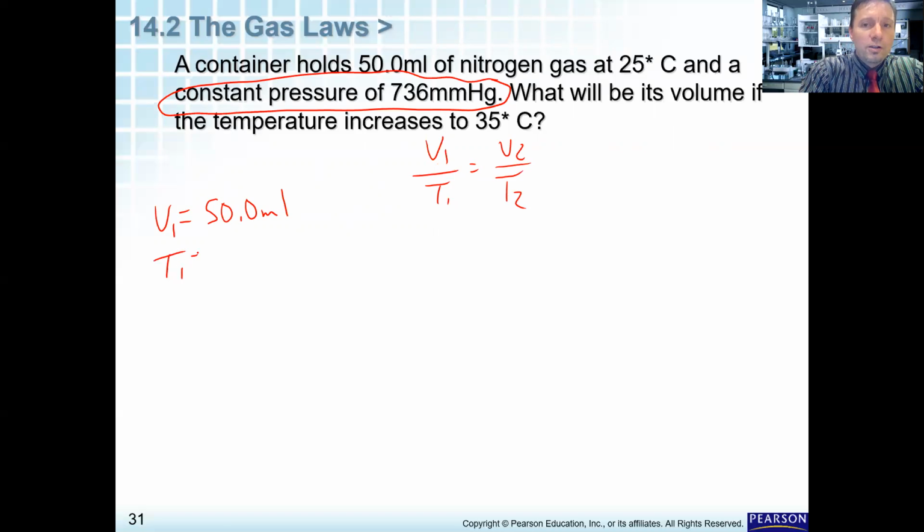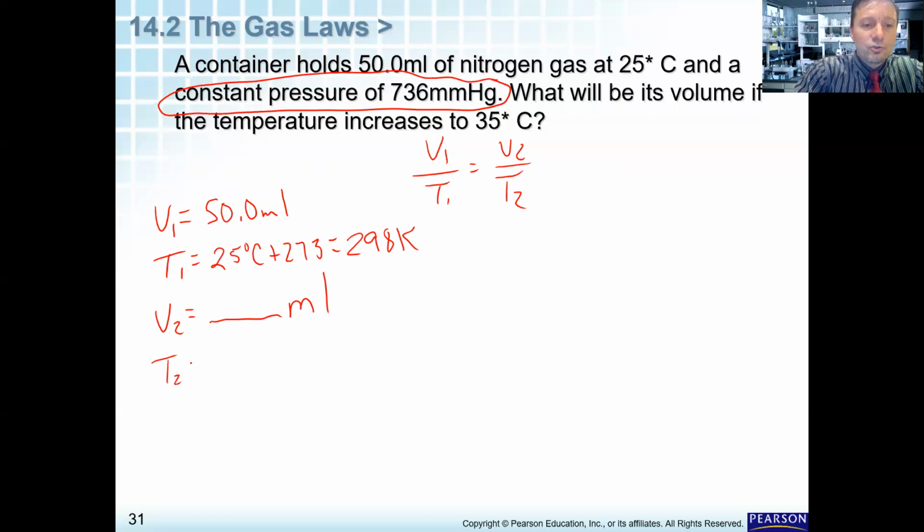My temperature 1 equals 25 degrees Celsius plus 273. So I have to be in Kelvin. So this comes out to 298 Kelvin. Then it says here my V2, and that's what I'm solving for, blank milliliters.